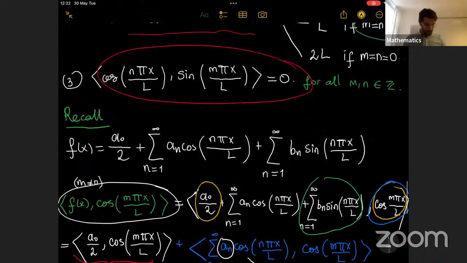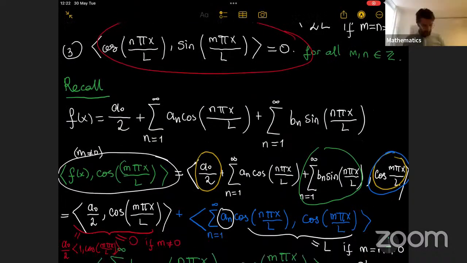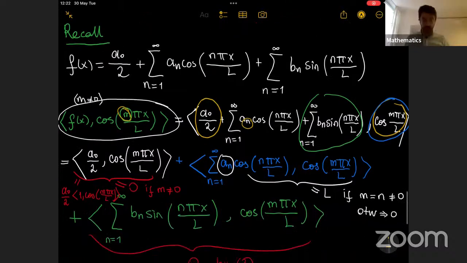Since we start here with m, we get the coefficient am. We could start with an, but that would make some confusion because in the series we also use n, so that would not be easy to work with. That's why we start with m. But at the end, m is any number, so it doesn't make any difference whether you use m, n, or other things. It's the name of the index.